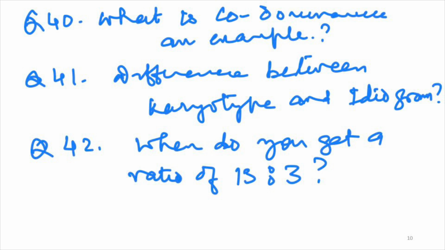Then the next question which might be asked is, what is the difference between karyotype and ideogram? A karyotype gives you the actual picture of the total chromosomes in a cell, and in karyotyping, you study all the characters of all the chromosomes present in a cell.